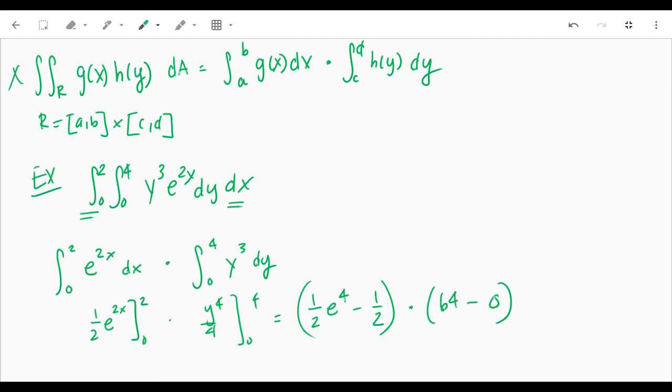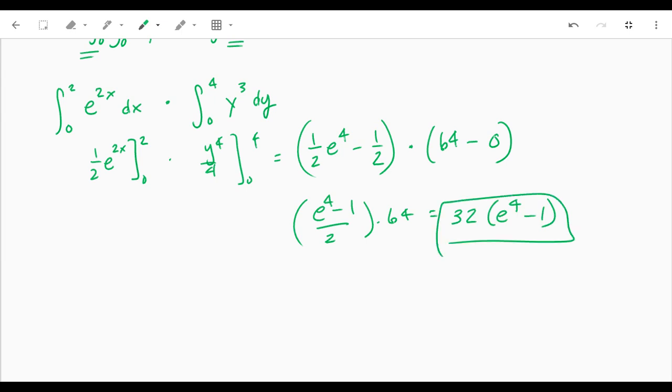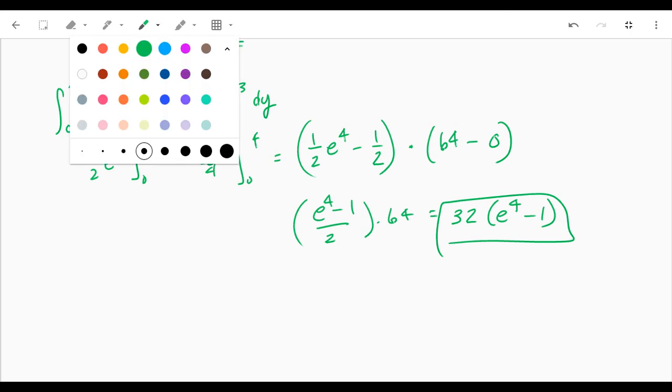So e to the 4th minus 1 over 2 times 64, we're going to get 32 times e to the 4th minus 1. And that should be equivalent to what you got when you did it the other way. There are some more pretty obvious properties at the end of the chapter for you to take a look at.